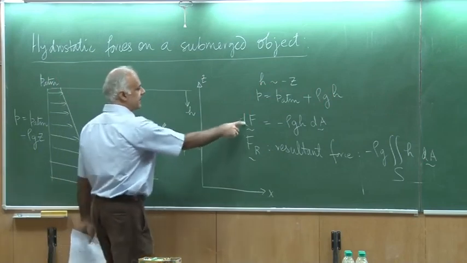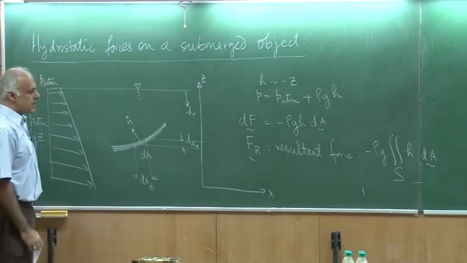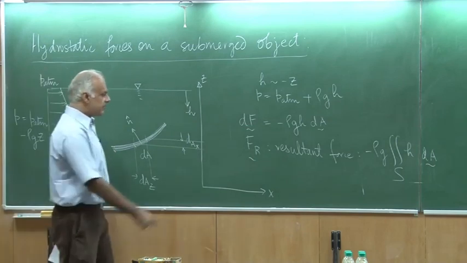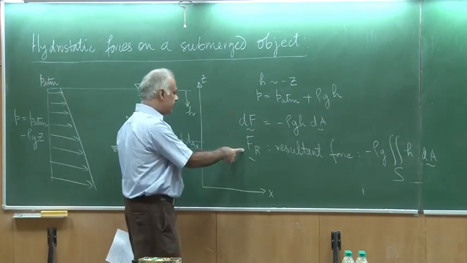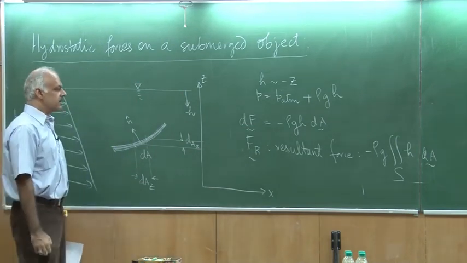So, I have simply integrated this equation over the entire area, and this Fr is a vector. So, it has a component along the x direction and a component along the z direction.